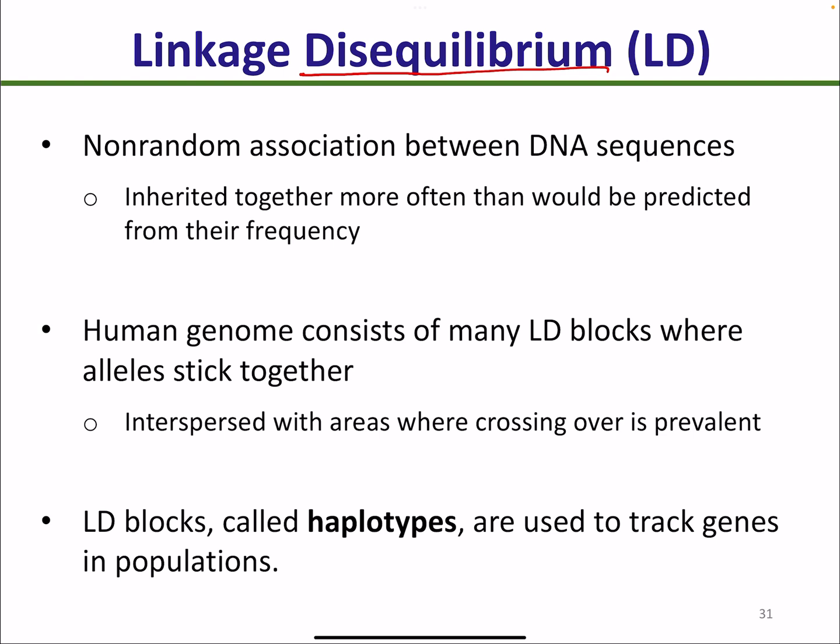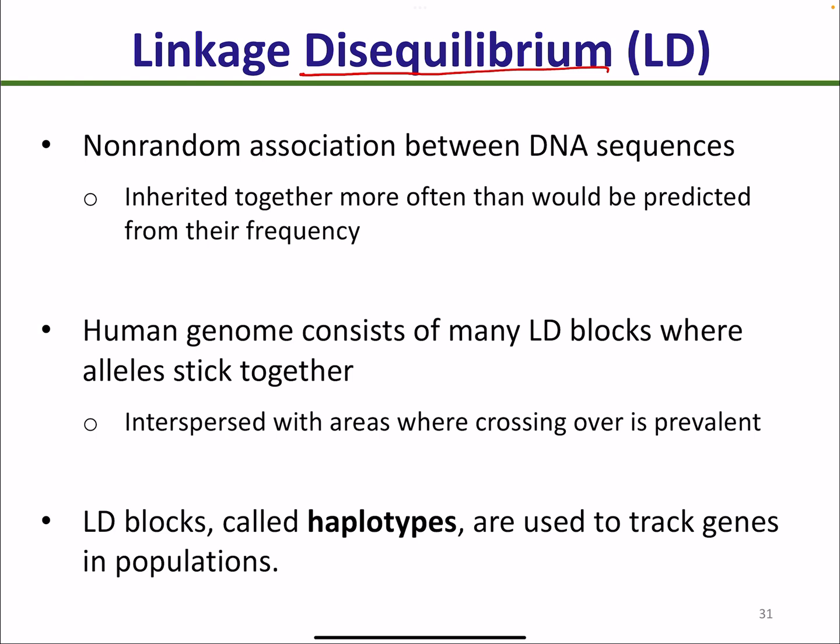The farther they are apart, the more they are likely to end up in separate gametes. And if they are so far apart, then they are very likely to actually end up in separate gametes too, right? In terms of independent assortment.